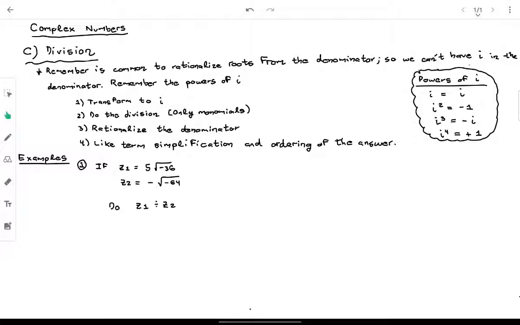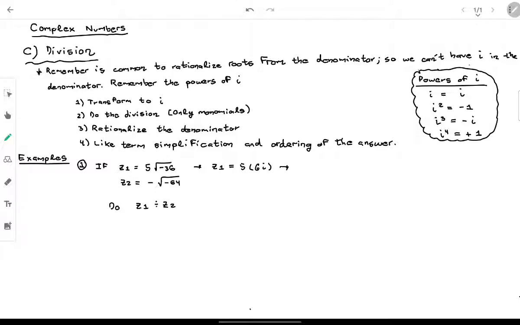Imagine in exercise 1 we have C1 and C2, and it says do the division between C1 and C2. First of all, we need to transform them in order to have powers of i. So C1 equals 5 that multiplies the square root of 36, it's 6i.